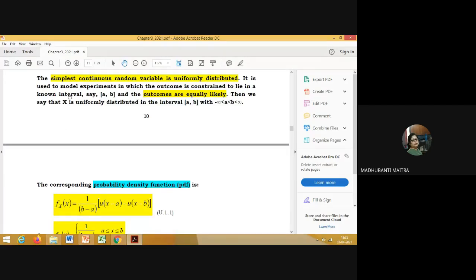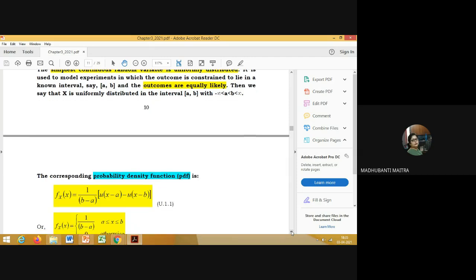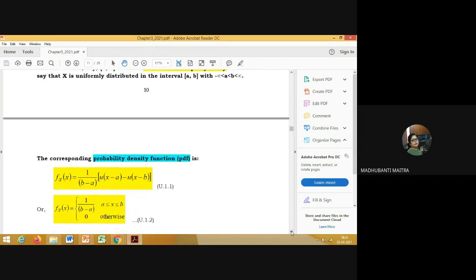Then we say that X is uniformly distributed in the interval AB, where B is greater than A, and A and B range from minus infinity to infinity.